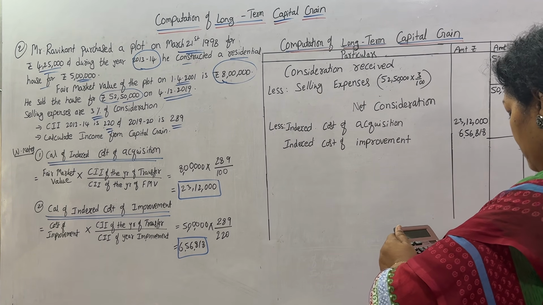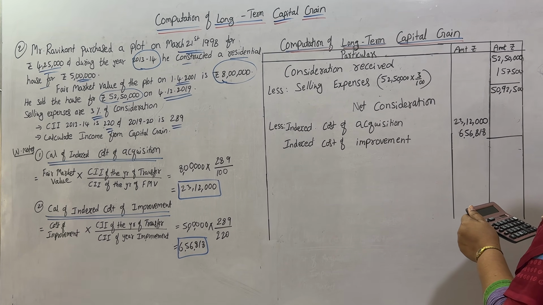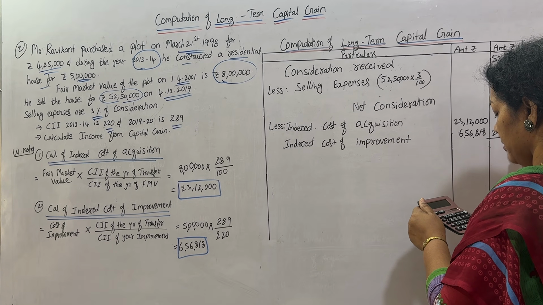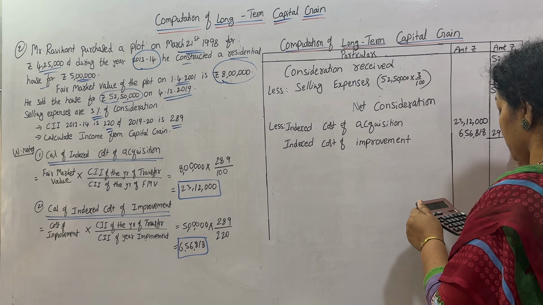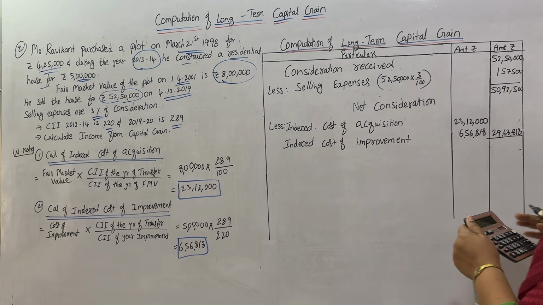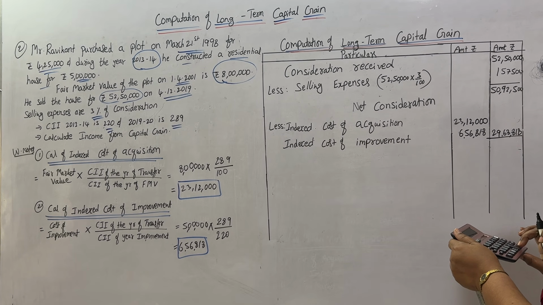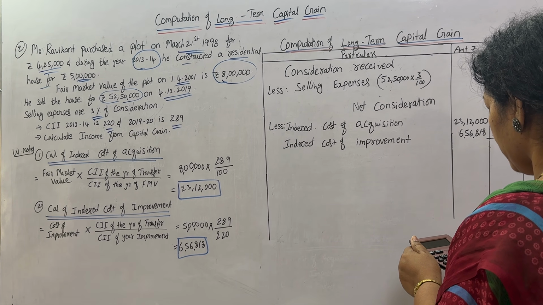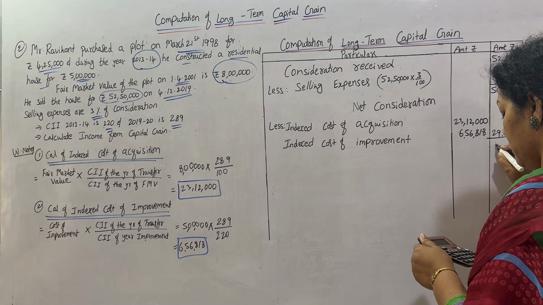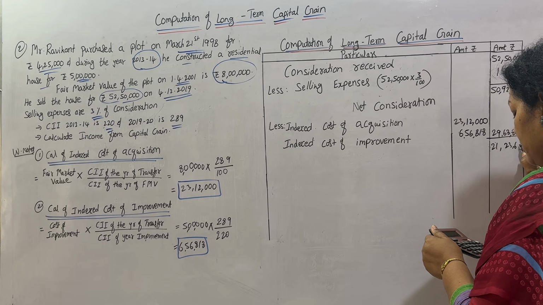Total is 29 lakh 68,818. If we deduct it from the net consideration, it comes to 21 lakh 23,682.